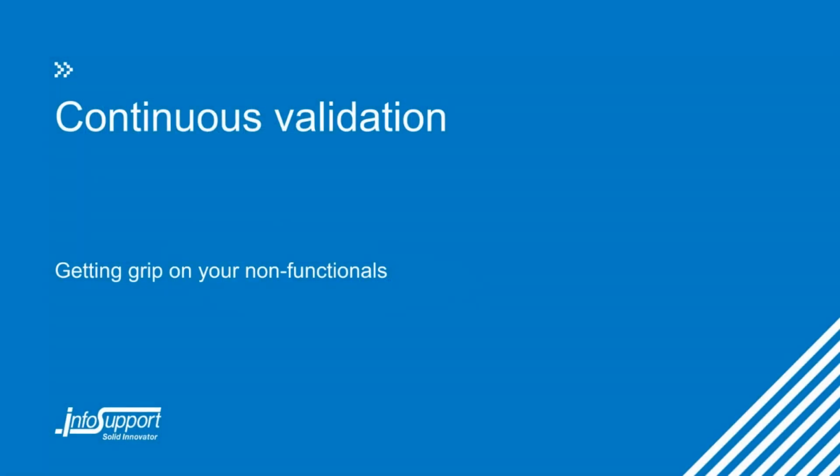Yeah, let's go. Last time we talked about how you could get a grip on your performance non-functionals, to be more precise. But today I want to take you guys further down the lane, to what's even more possible with your non-functionals, namely continuous validation. Did you guys ever hear of the term continuous validation? I haven't yet.